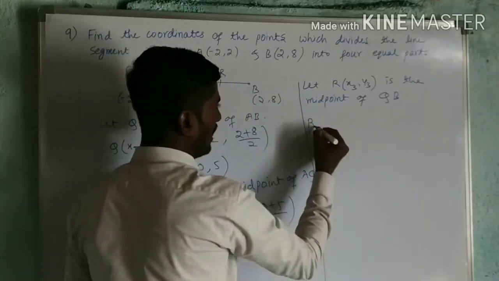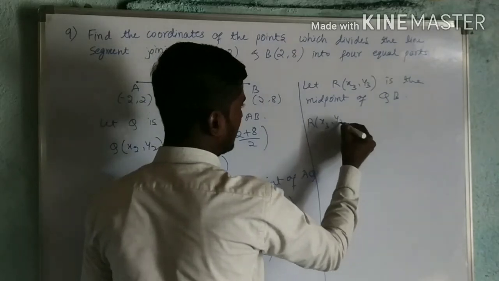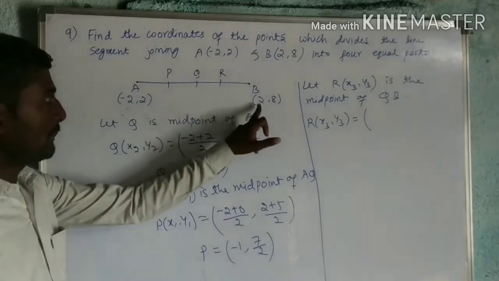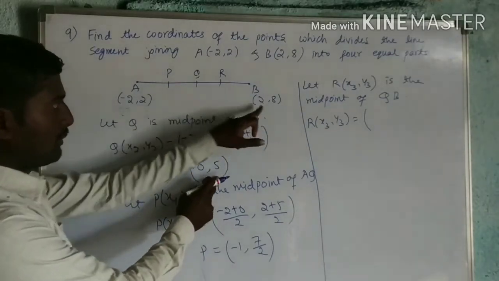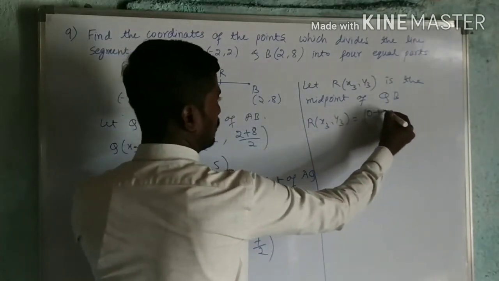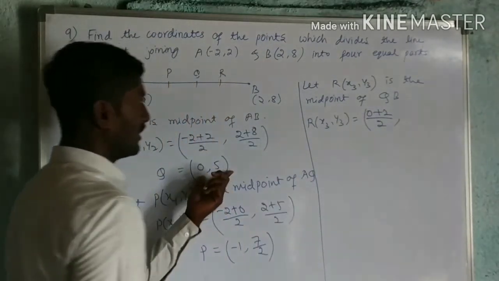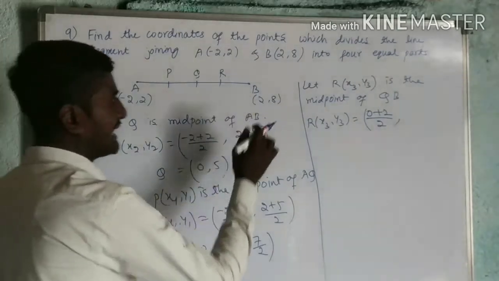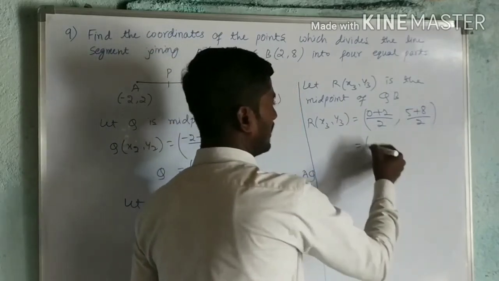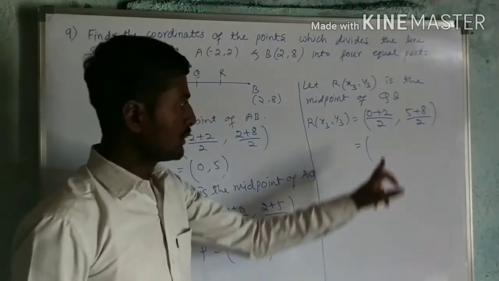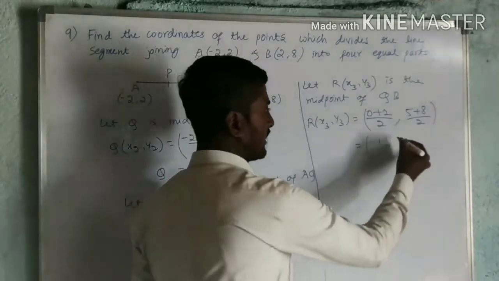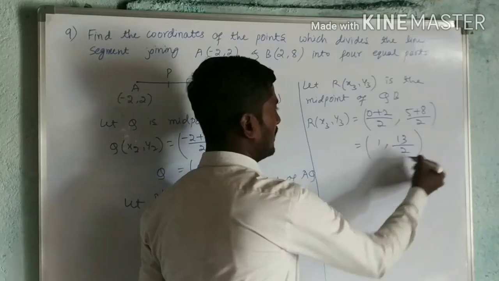Now R of x3 comma y3 is equal to, again apply the midpoint formula for Q and B. Q is here 0 comma 5. B is given, so x coordinate 0 plus 2 divided by 2, comma, y coordinate 5 plus 8 divided by 2. Now this is equal to 2 divided by 2, that is 1. 8 plus 5, that is how much? 13 divided by 2.